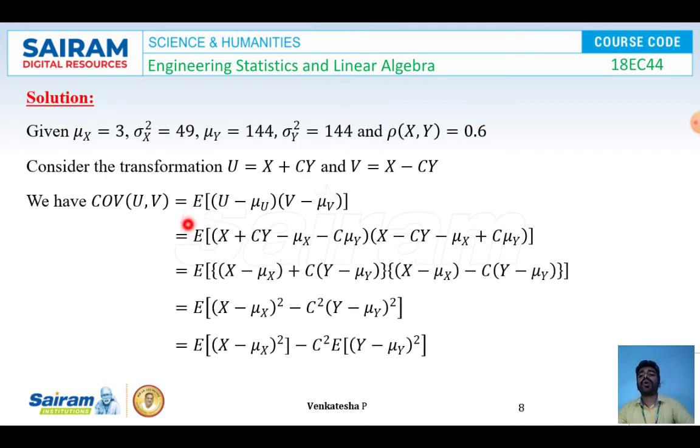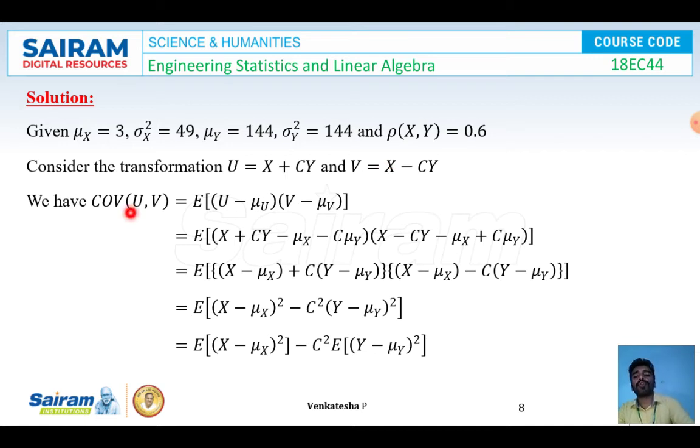So the given mean of x is 3, sigma x square is equal to 49, mu y is equal to 144, sigma y square is equal to 144, and rho is given by 0.6. Now take the equation u is equal to x plus cy and v is equal to x minus cy. So I am going to consider covariance of u and v.